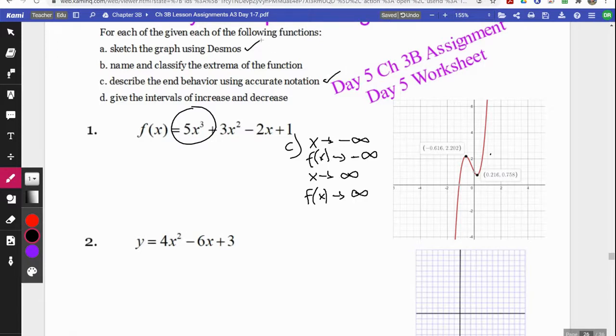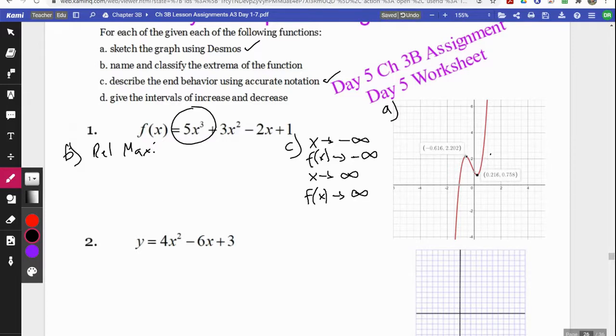We also graphed it on Desmos. We can name and classify the extrema. Part B. Where we'd be thinking of extrema, there's 4 possibilities: an absolute maximum, absolute minimum, relative maximum, relative minimum. There's no absolutes because this graph goes in both directions to negative infinity and positive infinity, so there's no absolute max or min. Relatives: a relative max is like a peak in the graph, and we see that it bounces up to this point and then turns around, goes down here to that point, and goes up.